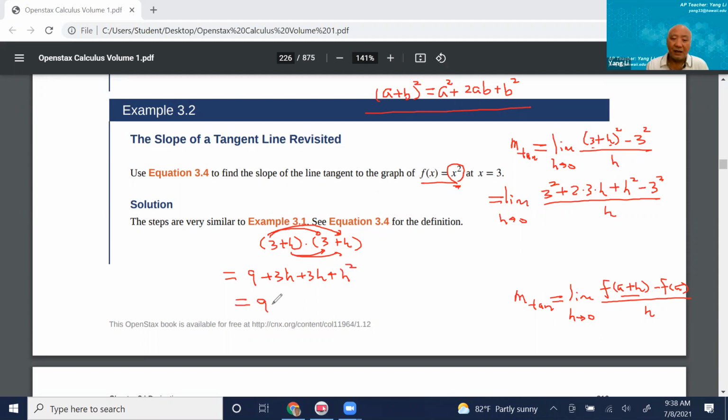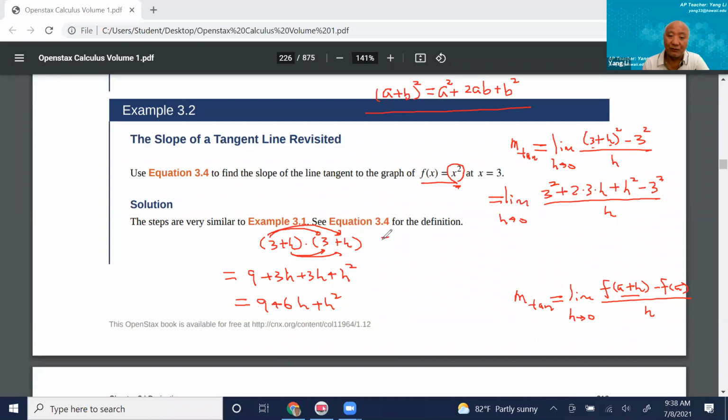So it's 9 plus 6h plus h squared. You see, this is the same as this one here: 3 squared is 9, 2 times 3 is 6 times h, plus h squared. So you can do either way. If you remember the formula, it will be faster, but if you can't remember, you can still use this method, which is called FOIL: first, outer, inner, last.